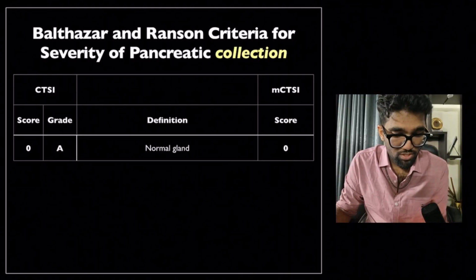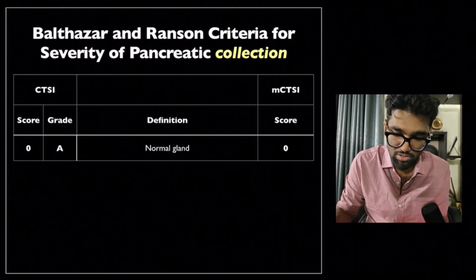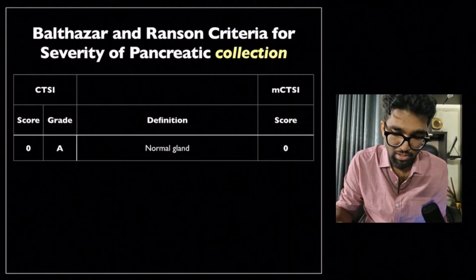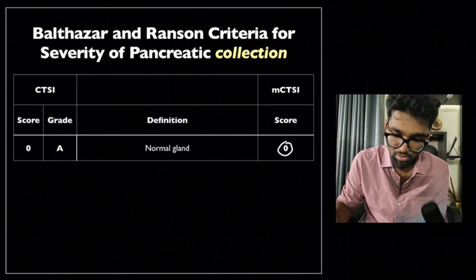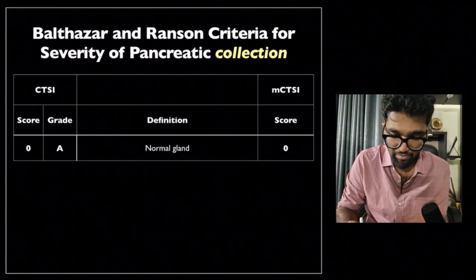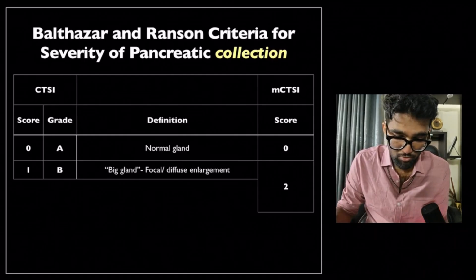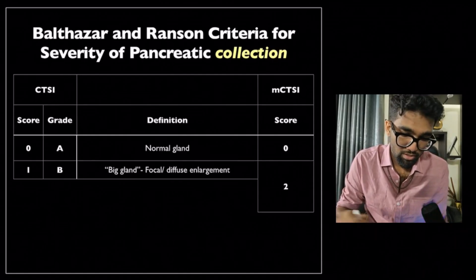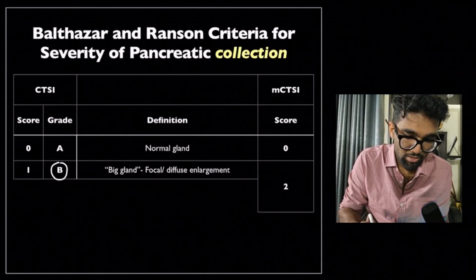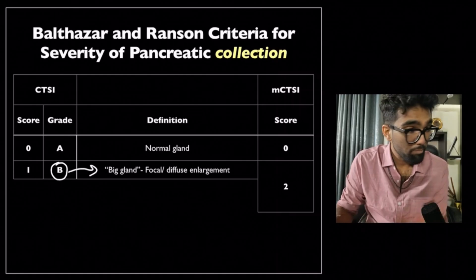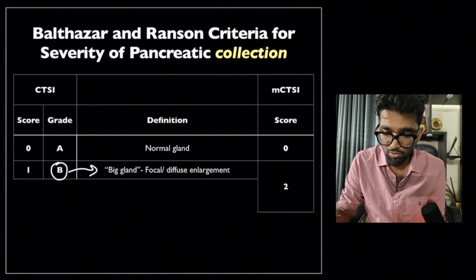And so a score of 0 or a grade A in the original CT severity index gets a score of 0 on the modified CT severity index, and that essentially represents a normal gland. Now, a score of 1 or a grade of B, B would stand for big gland, that is a diffuse or focal enlargement of the gland.